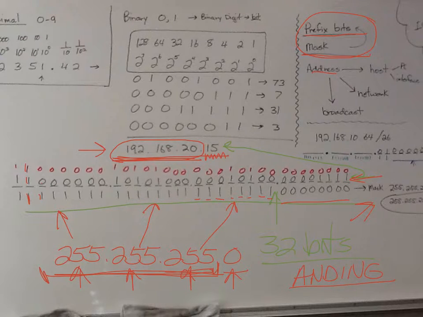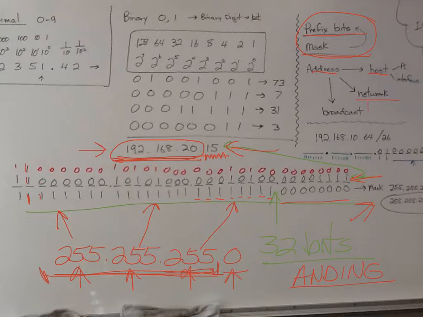The address can be a host, like we have here, or it could be just a network address. So I'm going to write the network address down for this. See if we can see it here.